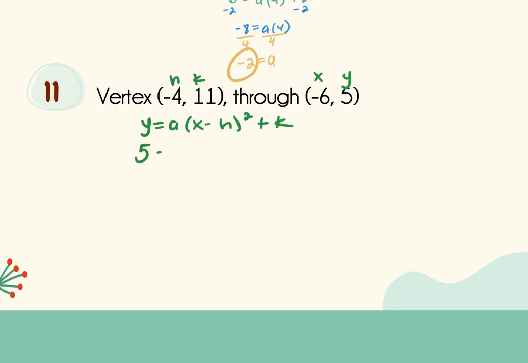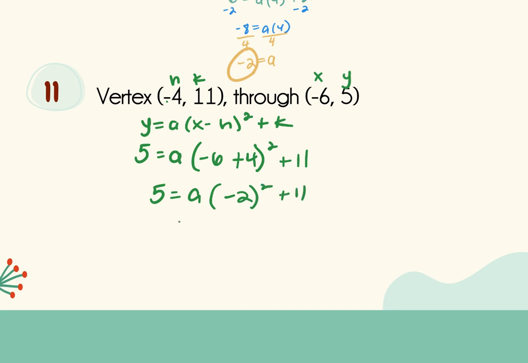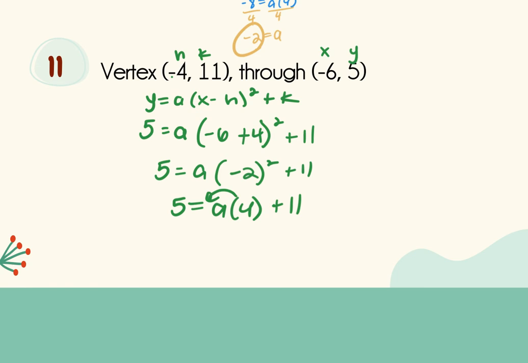So y is 5, a is my unknown, x is -6, h is -4, and it's minus a -4, so it becomes plus, squared, plus k, which is 11. 5 equals a times -2 squared plus 11. 5 equals a times 4 plus 11. If you want to rewrite so the 4 is at the front so that you remember you can't combine the 4 and 11, that's fine. But don't combine them. You have to subtract the 11.